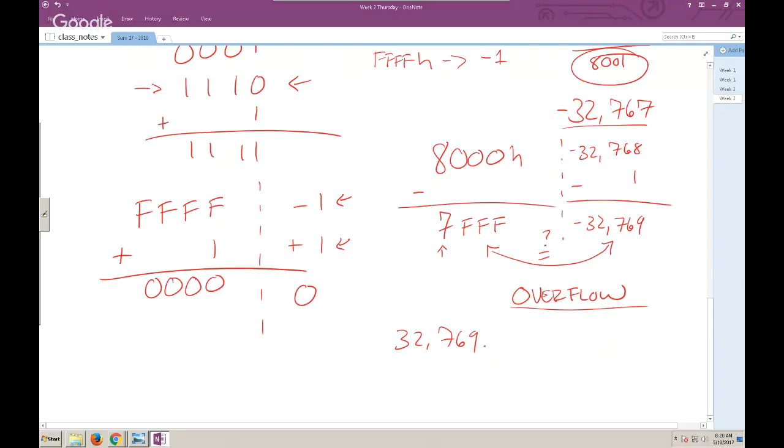For clarity's sake, if you were to go through this process by hand, flipping the bits and adding 1, the answer you would end up with is that. But this is a negative number, right? So what happened? Why do we have a negative number from a positive number? We've exceeded our limit. We have overflowed the boundary, right?